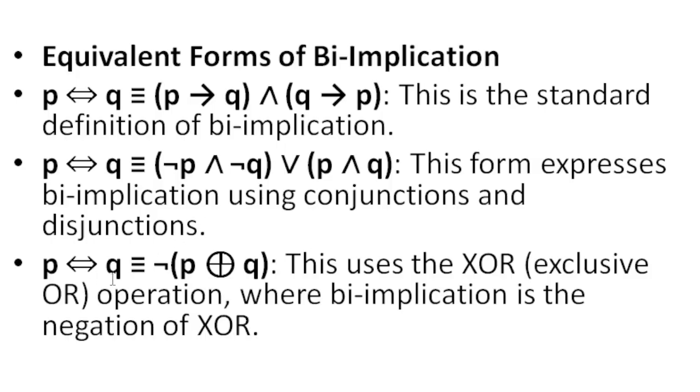Next, P biconditional Q is equal to negation of P XOR Q. That is the XNOR gate, the negation of the XOR gate. These are the three definitions of biconditional.